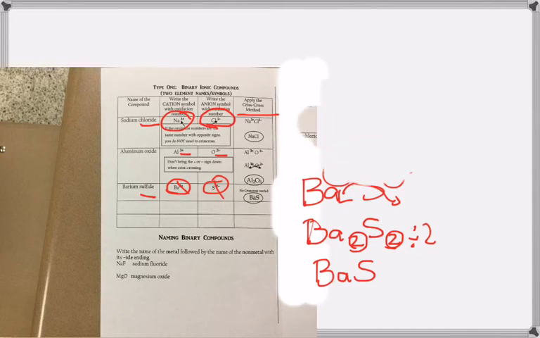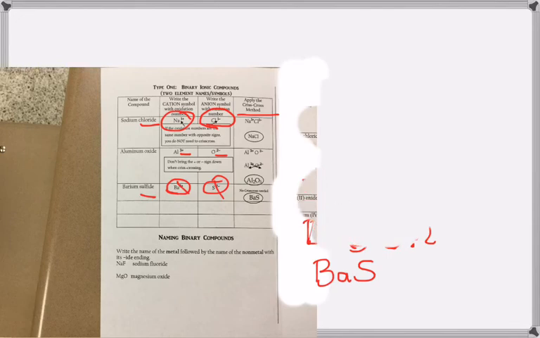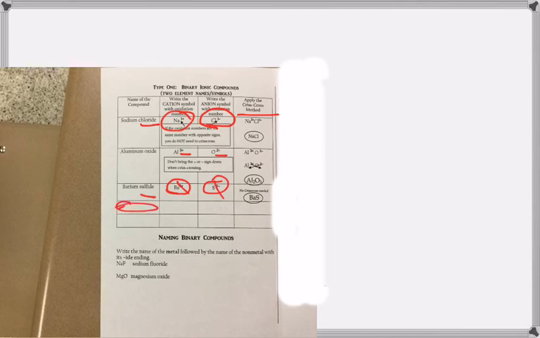Okay, so we had some examples to do over here on the side. Alright, so it says write the name of the metal. Oh, let me give you an example. Okay, so right here in this blank, you're going to write magnesium.